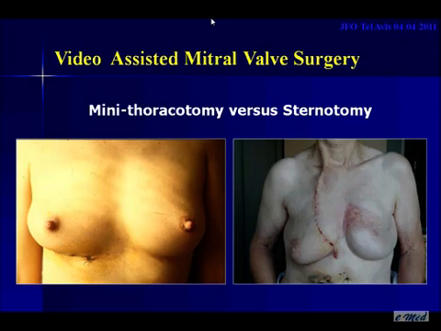As you see on this slide, the main reason why we do minimally invasive approach, and why many surgeons accept this technique, is the aesthetic. But the aesthetic is not the only reason. For instance, here is what we did in the past when we were facing a patient who had breast cancer with radiotherapy.